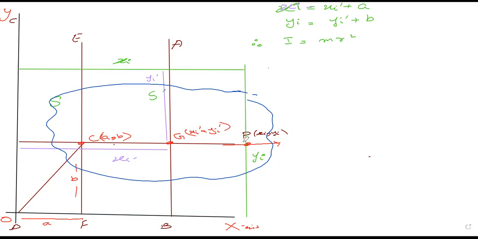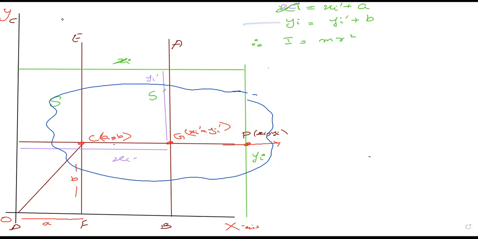Consider the particle P at xi, yi in the lamina, from the origin O and from the center of mass C. The coordinates are this, and here is D, having the center of mass of this axis. Now the coordinates of C, which is the point on EF, are a and b. From the figure we can write these equations.